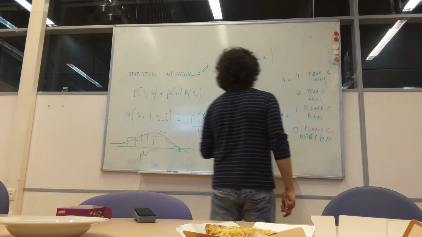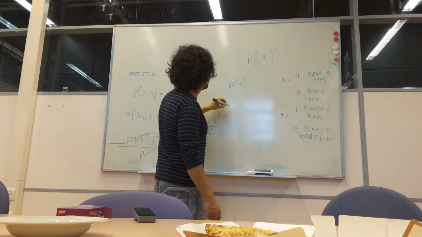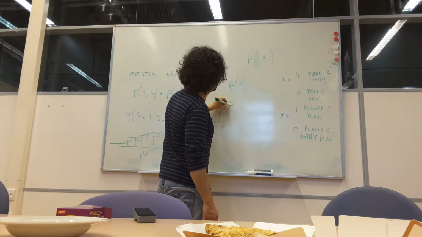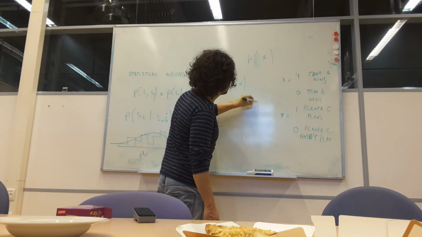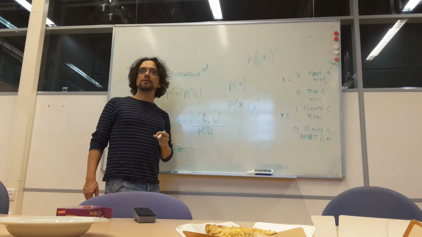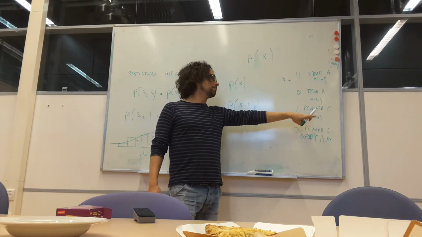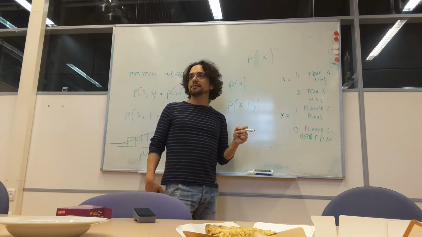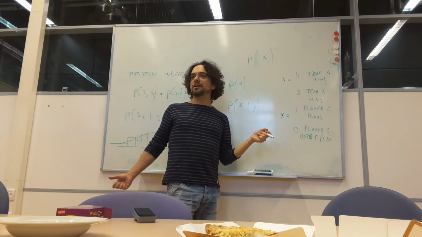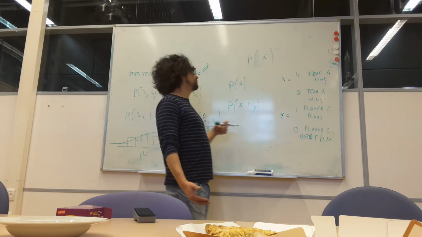Now you see by yourself that it makes sense to talk about a P of x given y. Because based on whether player G plays or doesn't play, I'm going to have a different expectation for the outcome of the game.